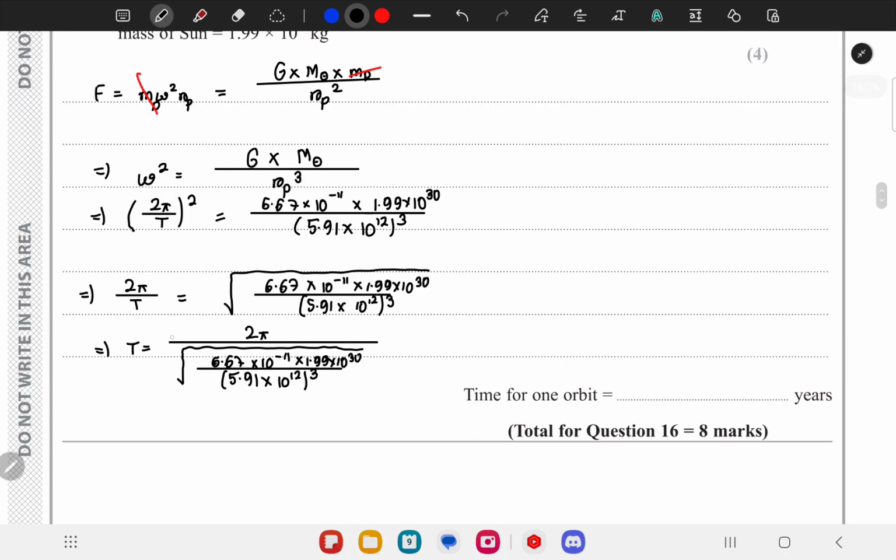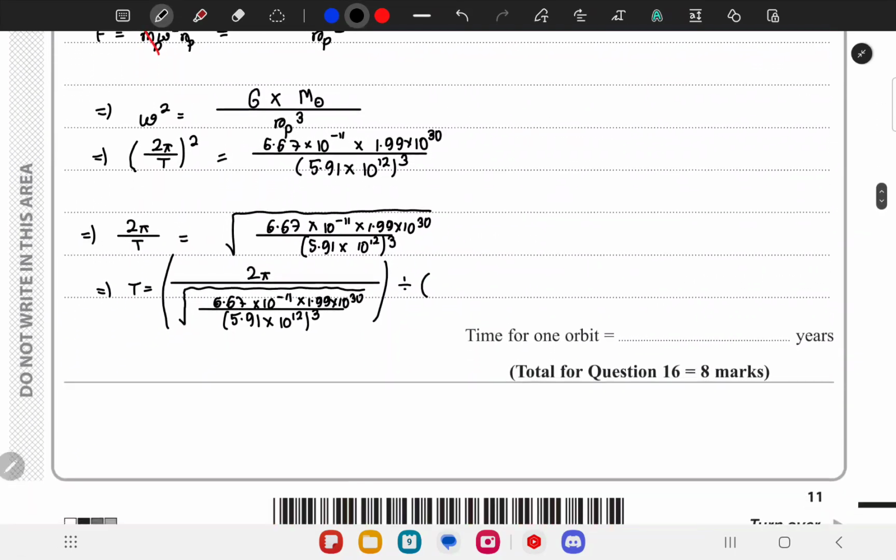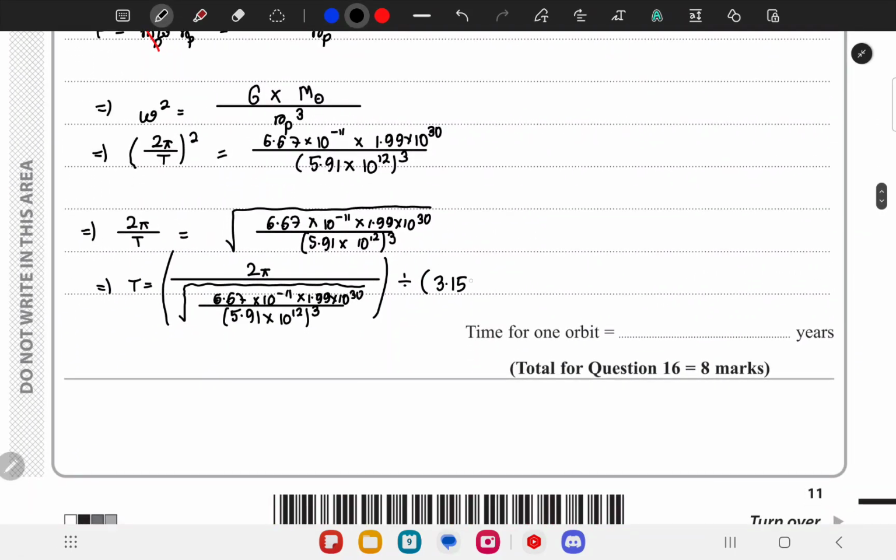If we have to convert this into years, we have to divide it by the number of seconds in 1 year, which is 3.15 × 10^7. So we'll get a value of 248.7, so basically 249 years.